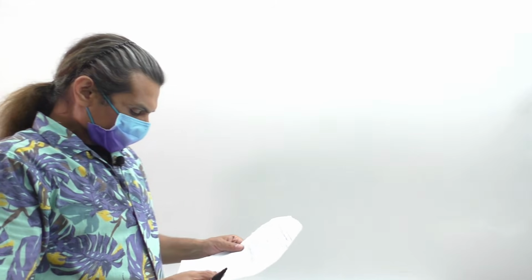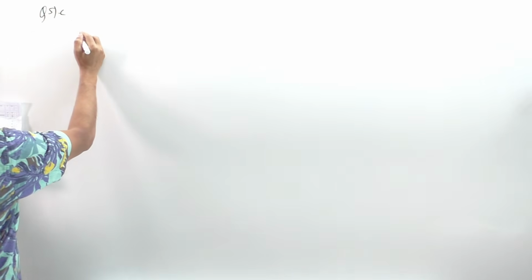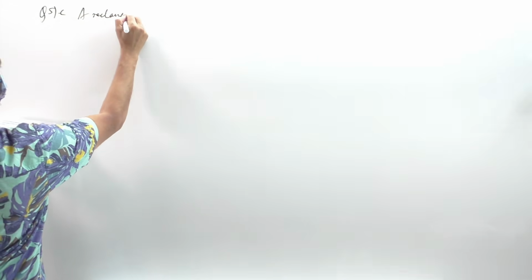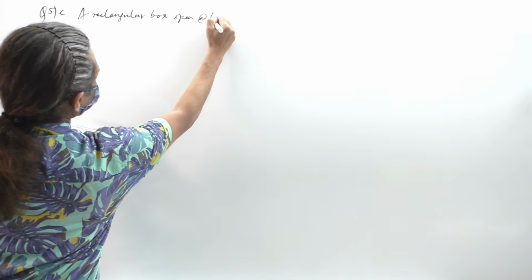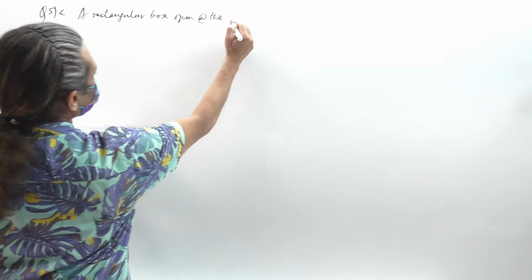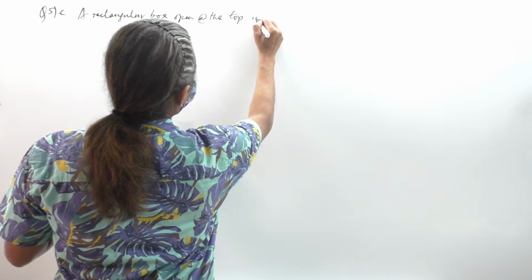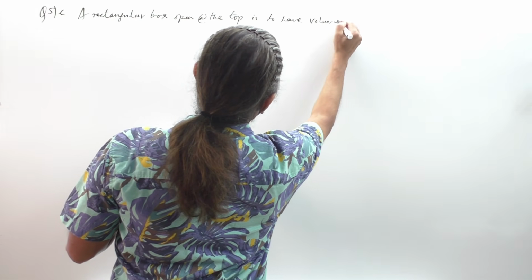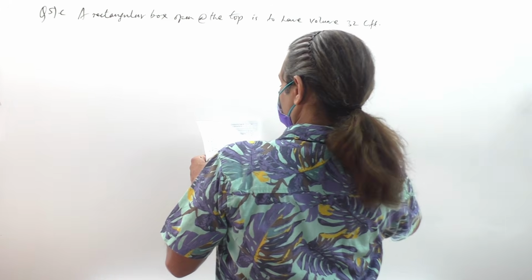See the question number from module 3, question number 5c. It says a rectangular box open at the top is to have volume 32 cubic feet.